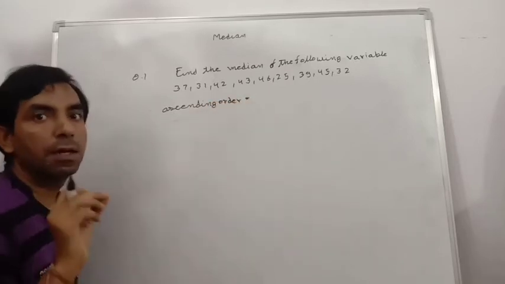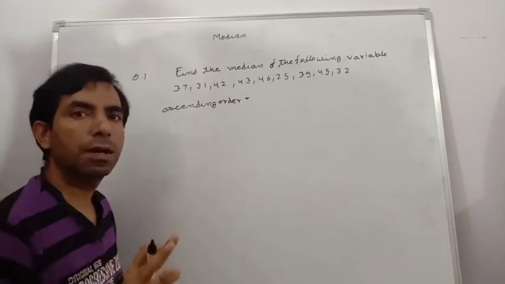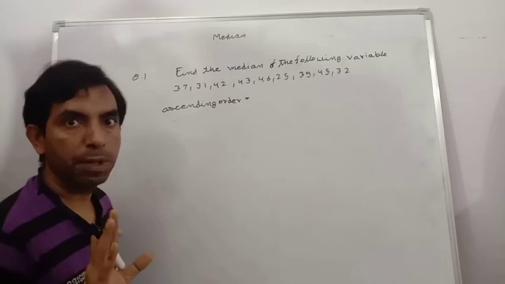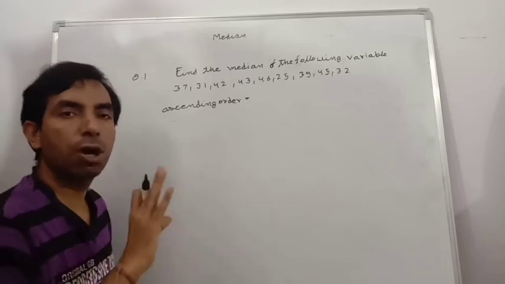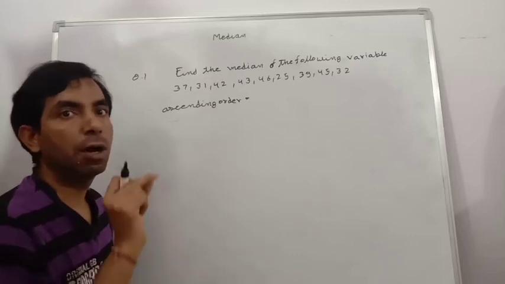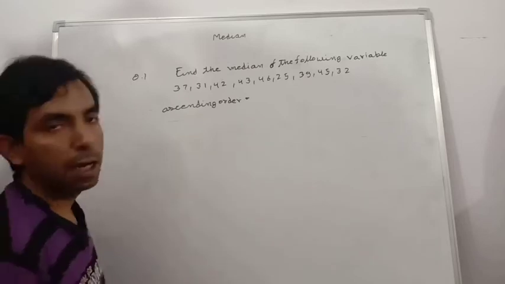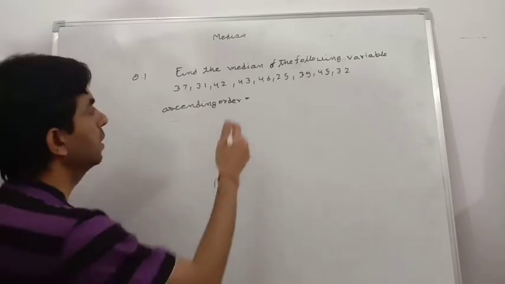We write the numbers from small to large. We can also write in descending order, because it does not affect the result, but in median we have to write all the data in ascending or descending order. So I am writing all the data in ascending order.